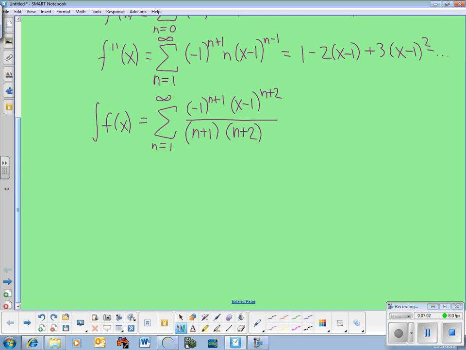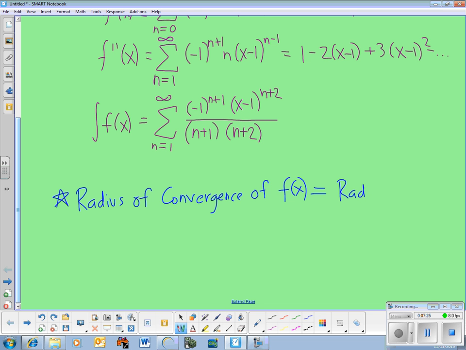The radius of convergence, make sure you write this down, of our original function, which is a function represented by an infinite power series, is equal to the radius of convergence for f prime, f double prime, and the integral. Those are the ones we're going to work with.